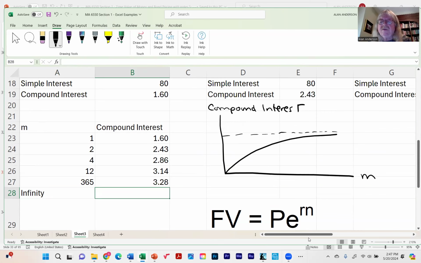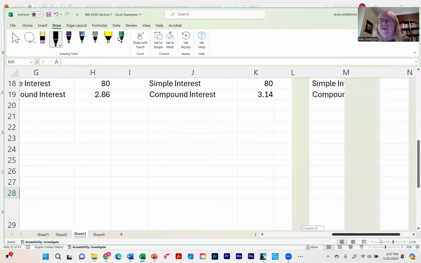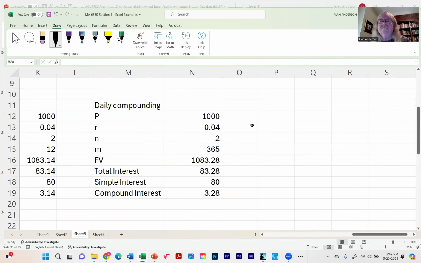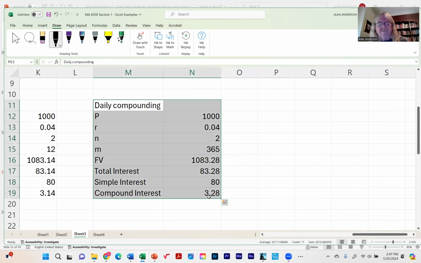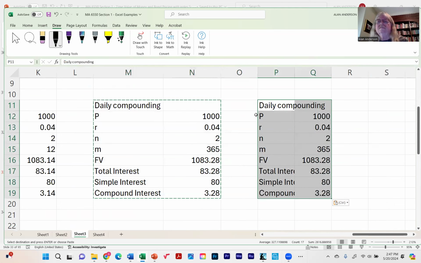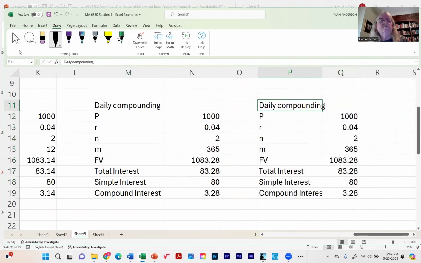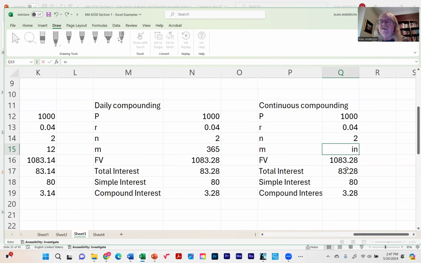So here I'm going to have equals P, principal. Let me do this here and then copy it. Then for this M, I'll just write infinity.